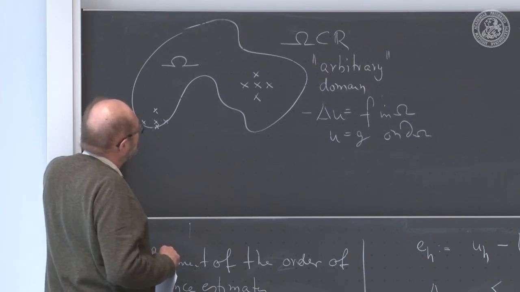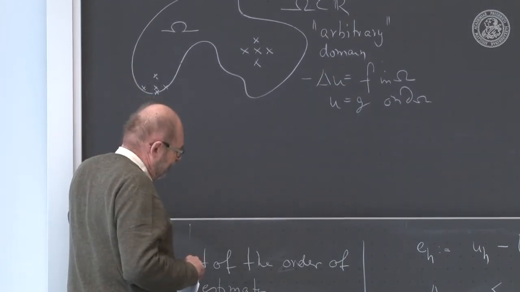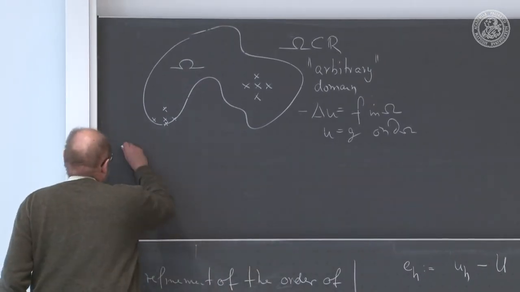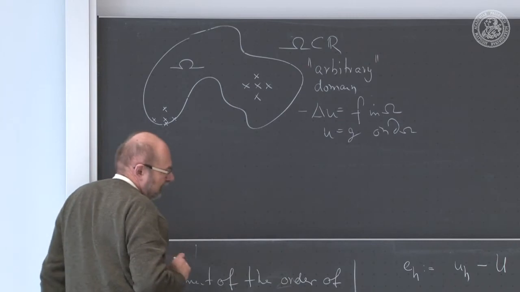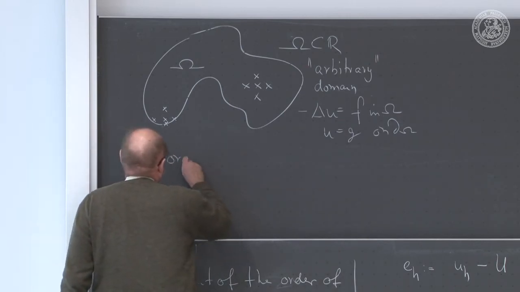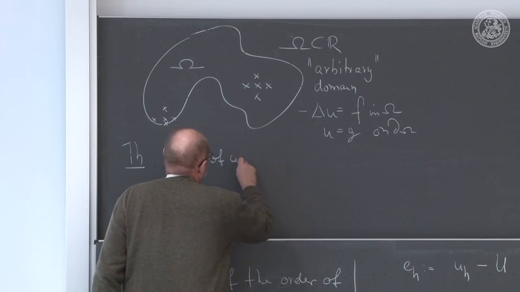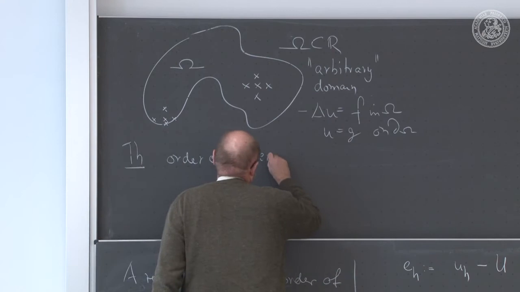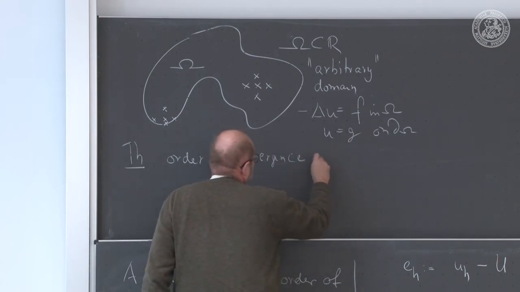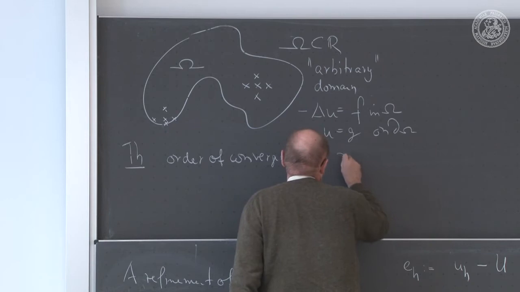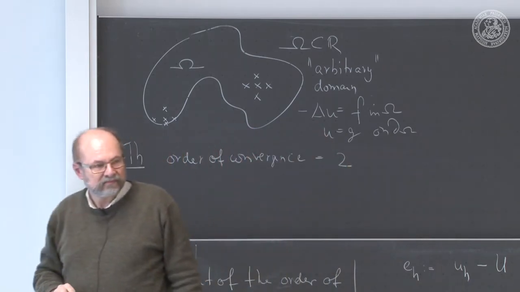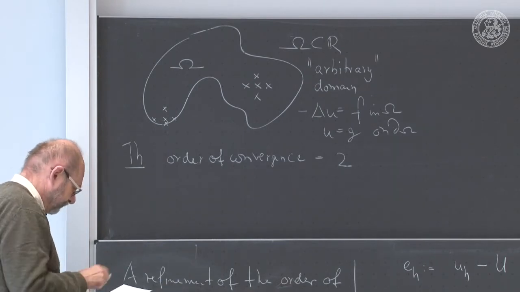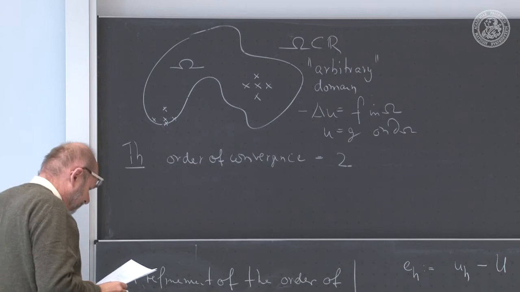And the point really is, with these slightly refined estimates, we can see, and I do it very informally, that the order of convergence under all these assumptions we have made, C4 and so on, all that we need to do all these estimates, is here still 2. How can we see this? Okay, so let's have a look.